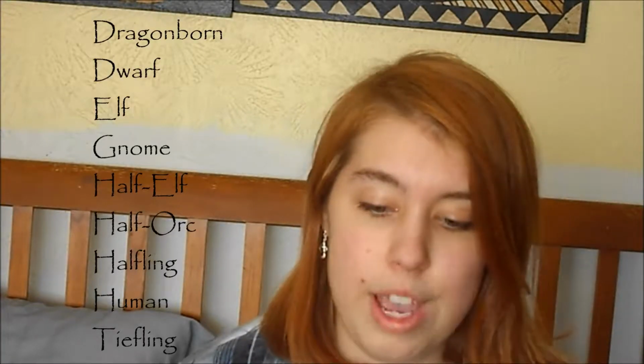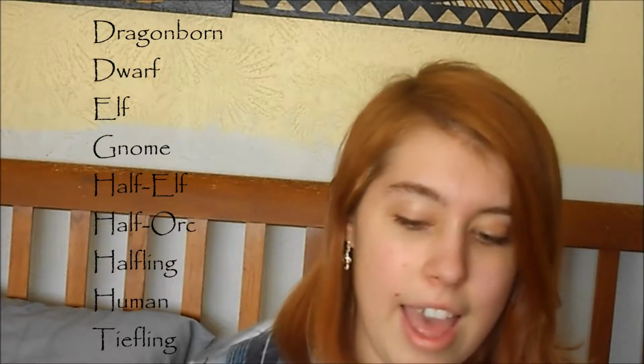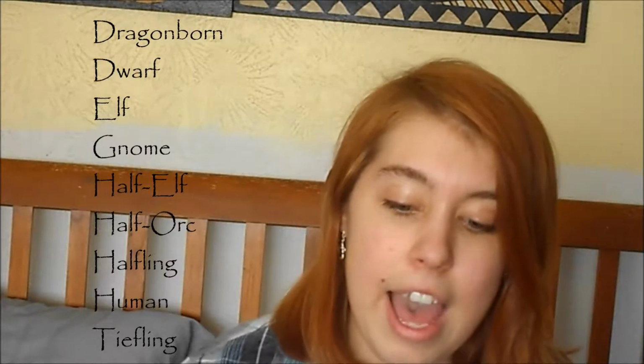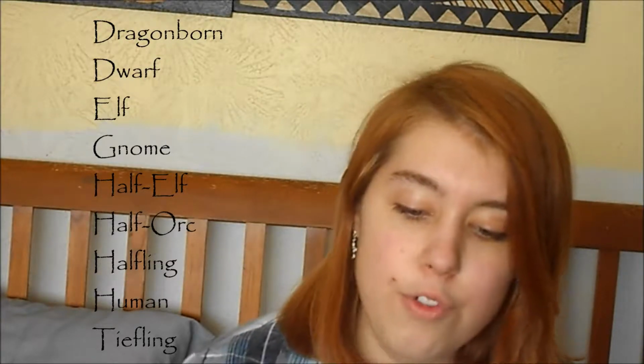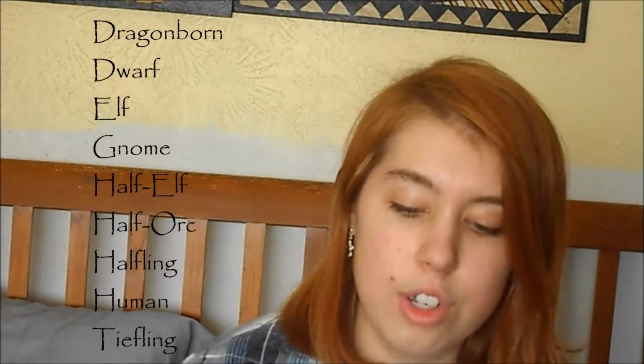Now, generally the first 3 things that people start with, besides character concepts, are the race, class, and background. The standard races for Dungeons & Dragons 5e are the Tiefling, Dragonborn, Human, Elf, Half-Elf, Halfling, Dwarf, Gnome, and Half-Orc.